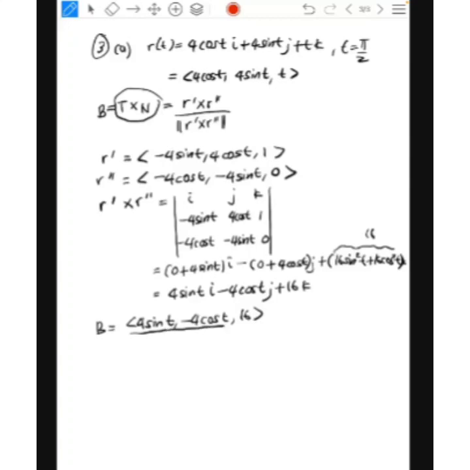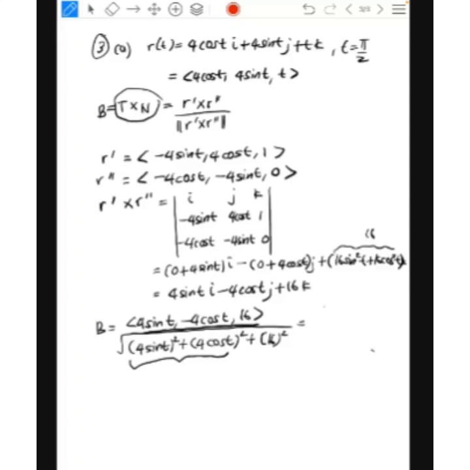Divided by the magnitude of it, which is square root of 4 sin T squared plus 4 cos T squared plus 16 squared. Again, this one can be factorized. Because 4 squared gives 16, 16 plus 16 squared. So you'll get 272.